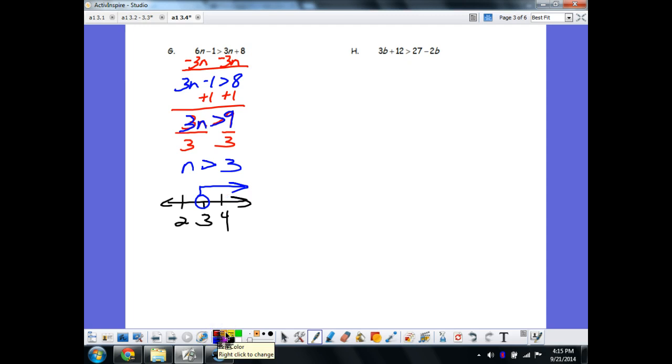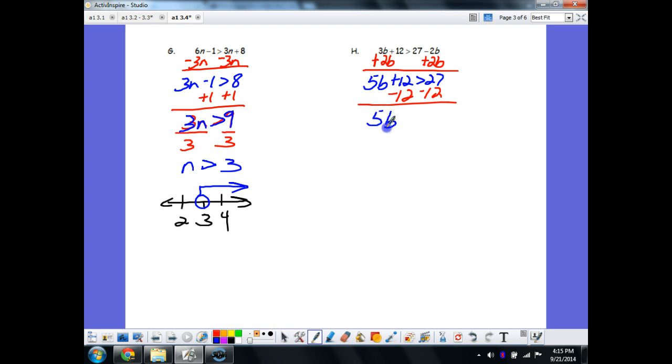And finally, for this video, H, we add 2b. We are left with 5b plus 12 is greater than 27. We subtract the 12, just following the same steps we would for equations.